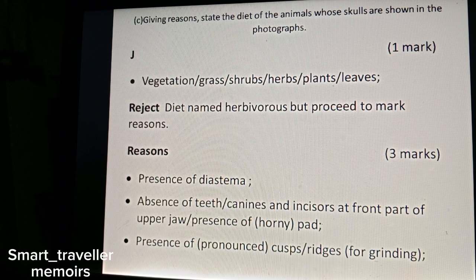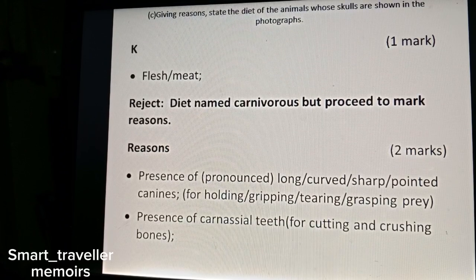Reasons, presence of diastema, or that gap there. Absence of canines and incisors at the front part of the upper jaw. Presence of horny band. Presence of pronounced cusps or ridges for grinding. Remember, take care of alternatives. Please give only one answer.